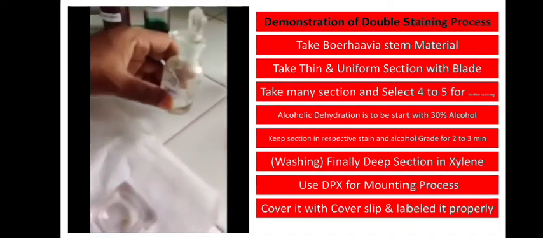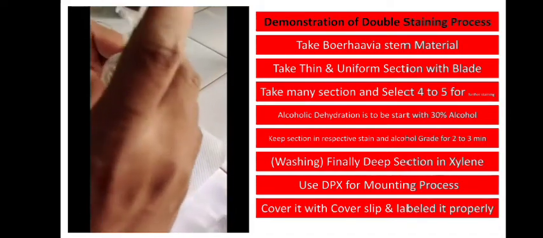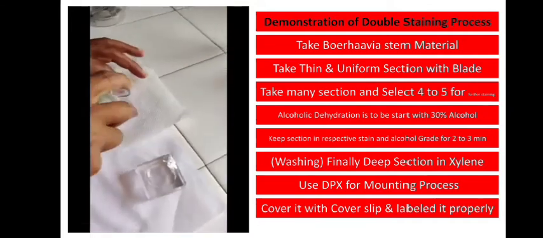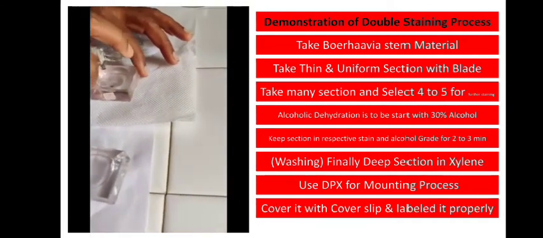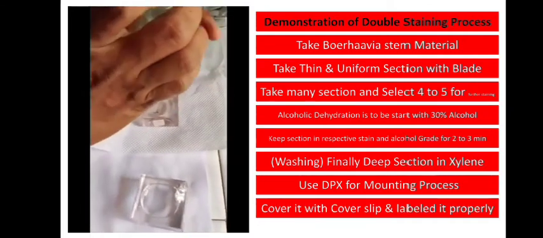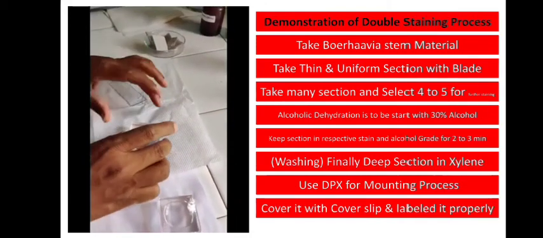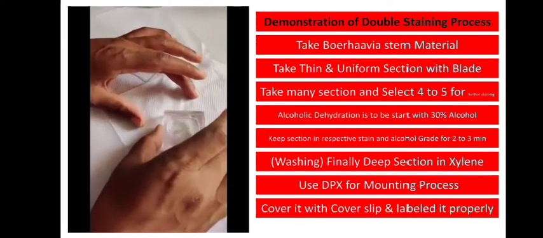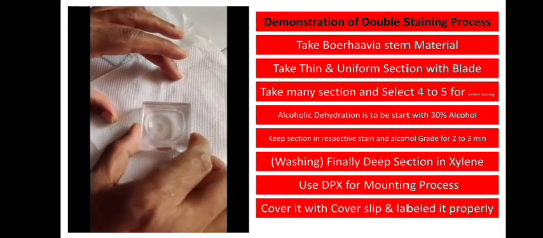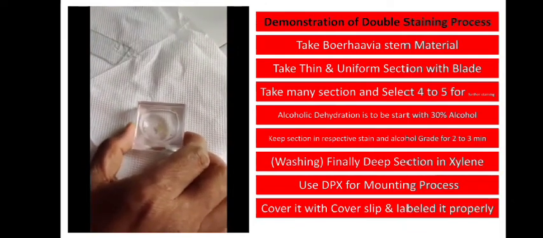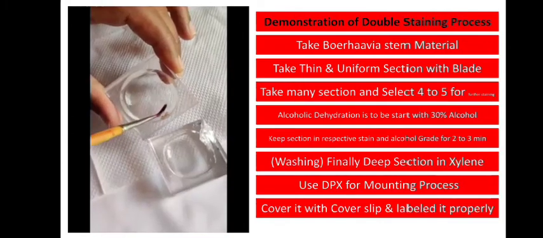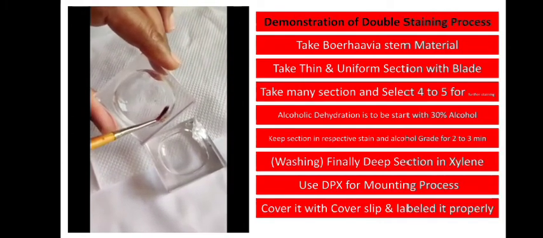Now add 30% alcohol to it. Now shake it slowly in a circular path and keep it incubated with it for 2 minutes. Now transfer these sections into another cavity block.